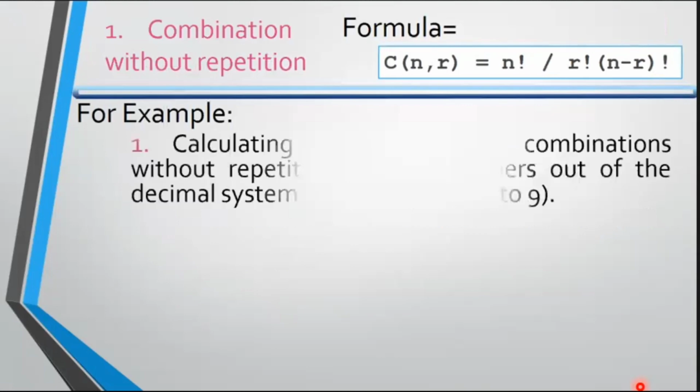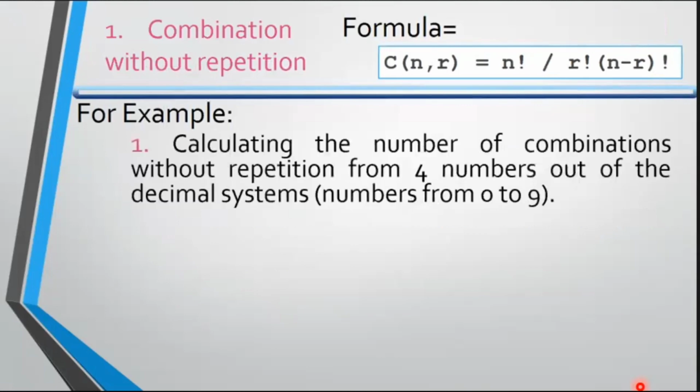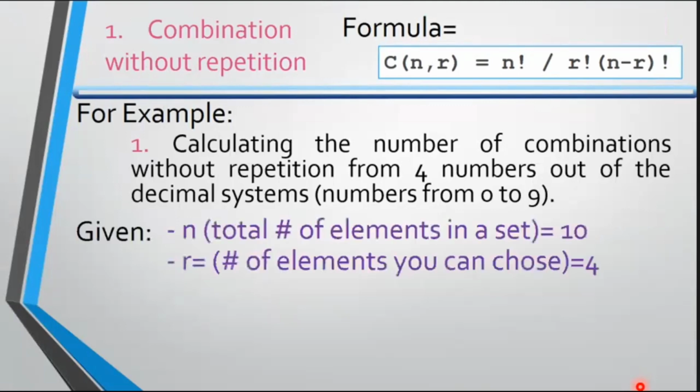So for example, calculating the number of combinations without repetition from 4 numbers out of the decimal system, numbers from 0 to 9. So given our n, which is the total number of elements in a set, is 10. Kay numbers from 0 to 9 is 0, 1, 2, 3, 4, 5, 6, 7, 8, 9.